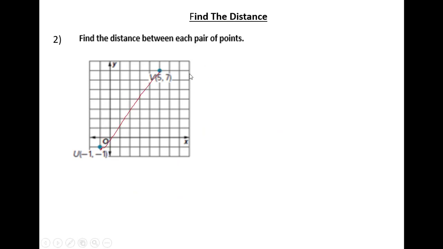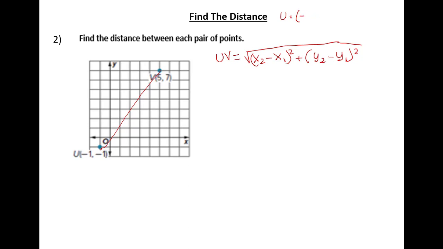I can do this in two ways. My points, I can do it the first way using the formula. My distance, which is UV, is equal to the square root. Okay? Now, my first point was U, which is equal to -1 and -1. And my second point, which is V, is equal to 5 and 7.